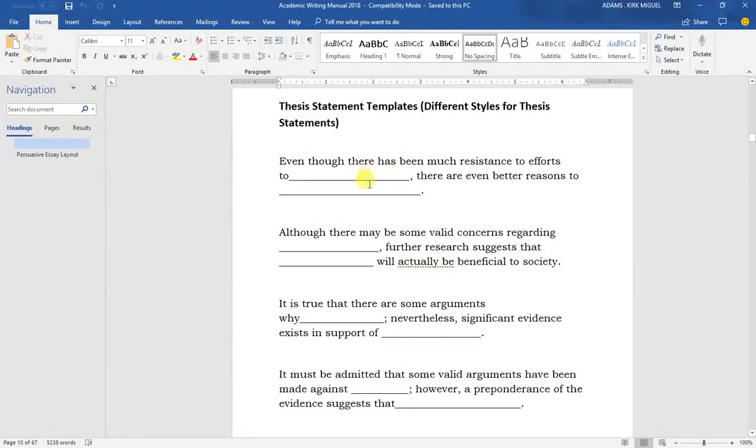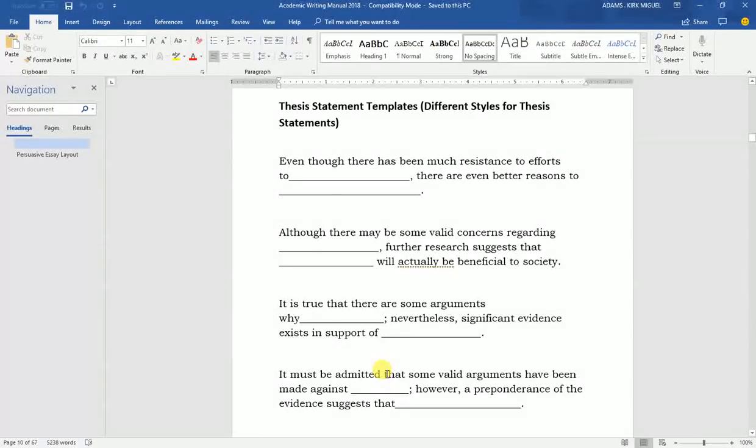So basically, on this page, we have 4 different templates, but with only 2 different styles. The first 2 are thesis statement models or templates in the although style, and the second 2 are thesis statement templates in the however style.